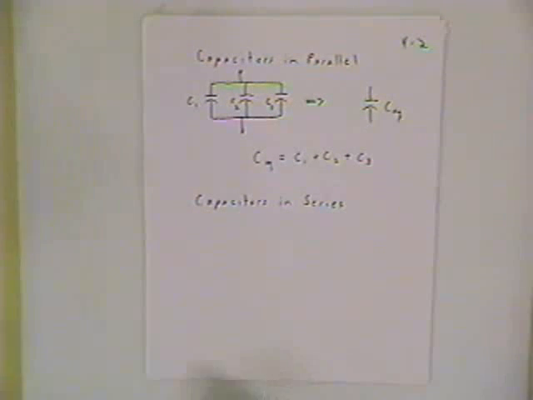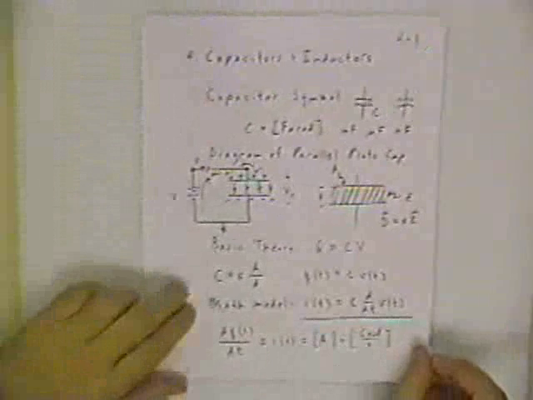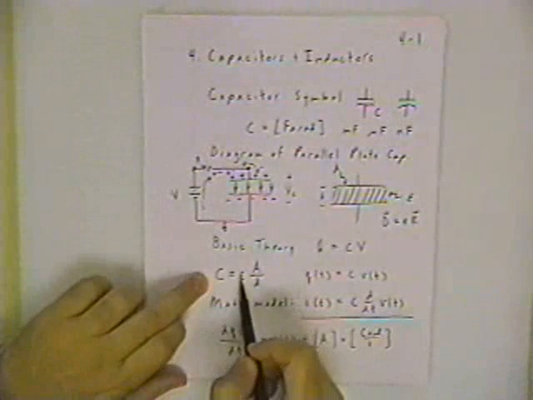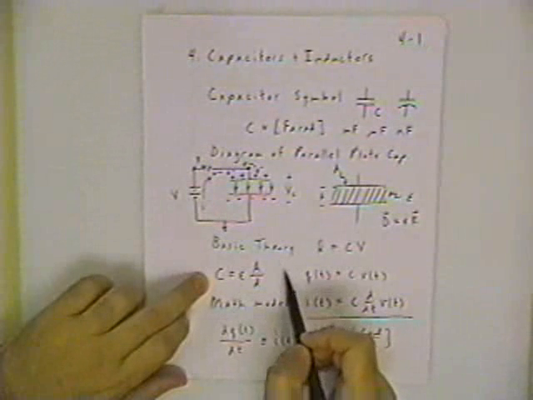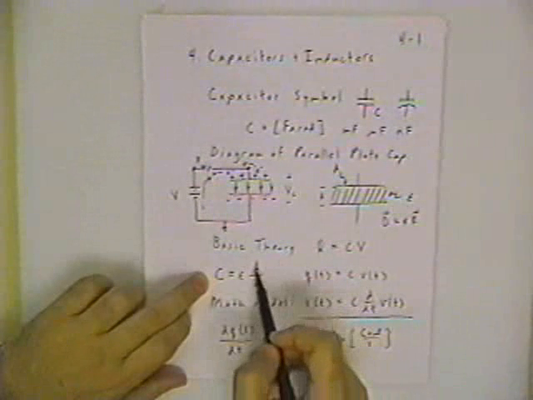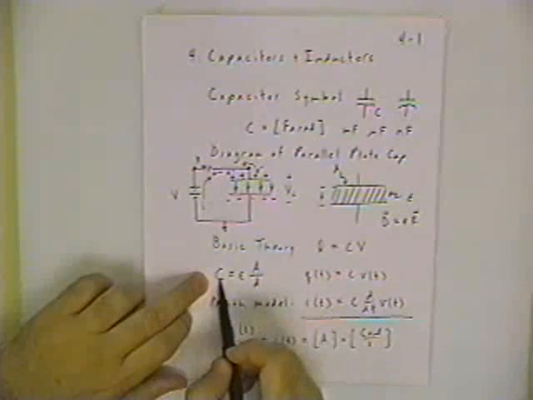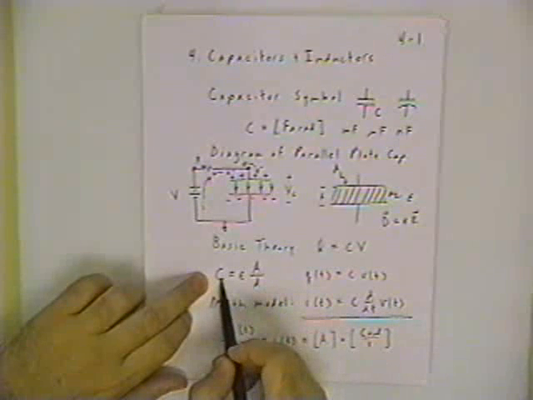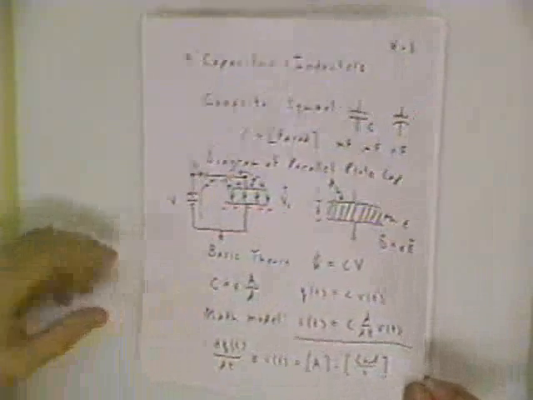And if you remember, it's based on the same basic form of equation. For a capacitor, it's epsilon A over D. For a resistor, it was rho L over A. And if you just look at the dimensionality, it's meters over meter squared for the resistor, meter squared over meter for the capacitor. In the case of a capacitor, as you increase the cross-sectional area, the capacitance goes up. Remember, for the resistor, if you increase the cross-sectional area, the resistance went down.